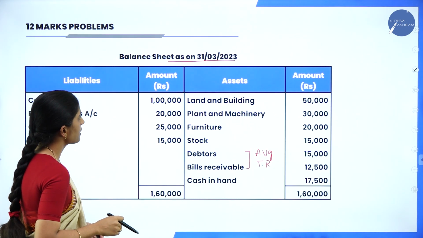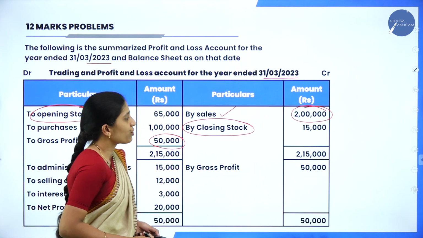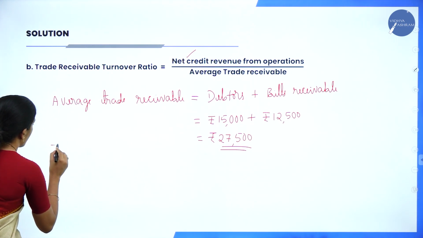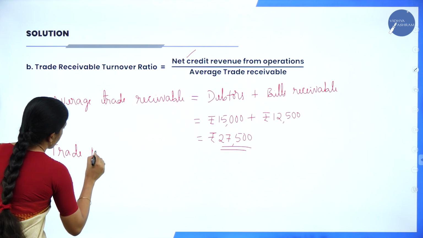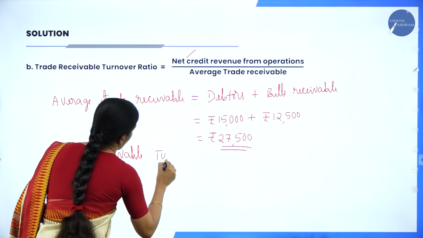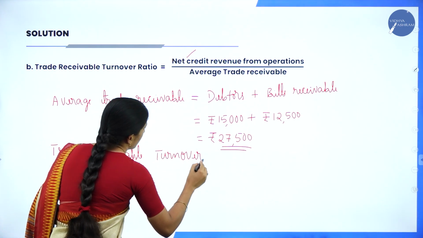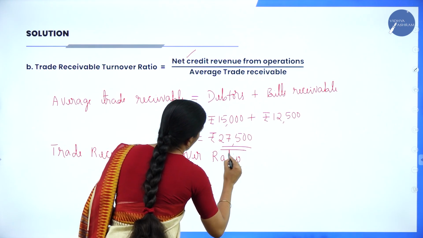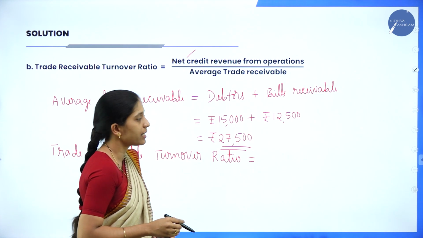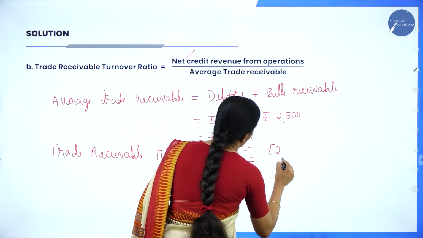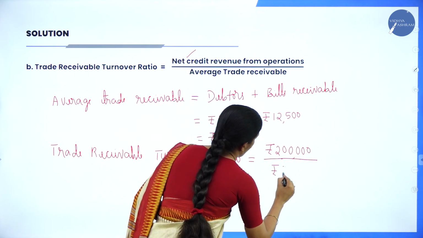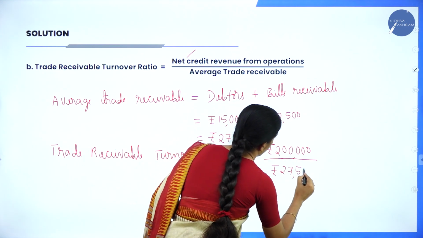Net credit revenue from operation is your sales. So let's see how much it is. Sales is 2 lakh. So 2 lakh divided by 27,500. So you will write like this: trade receivable turnover ratio is equal to net credit revenue from operation, it's nothing but your sales, that is rupees 2 lakh divided by rupees 27,500.